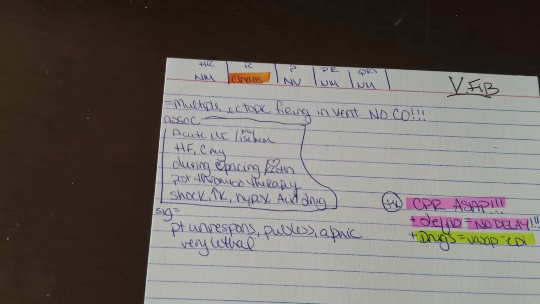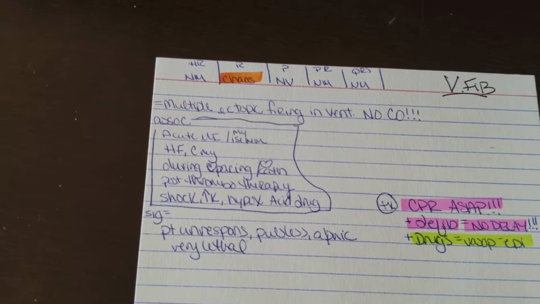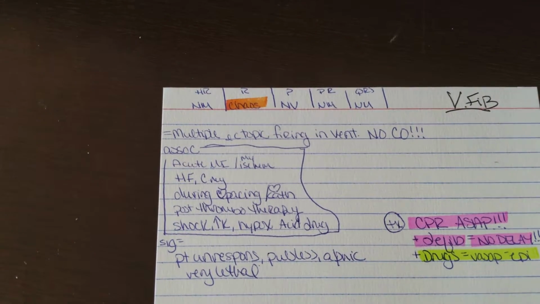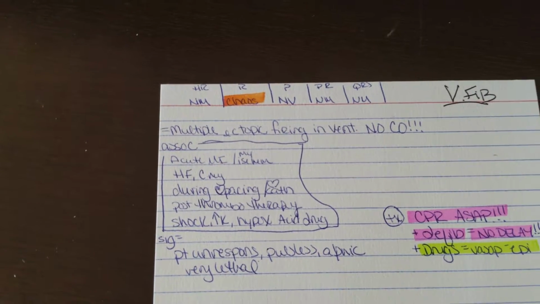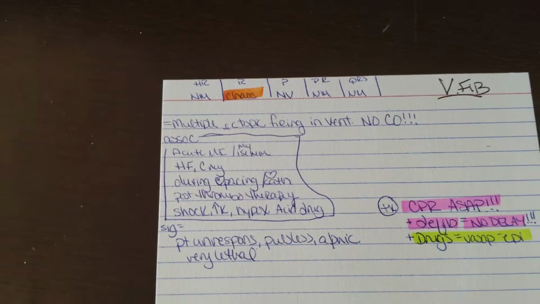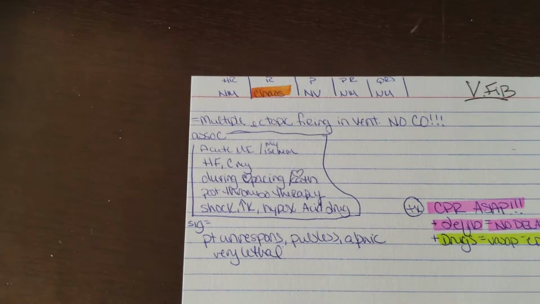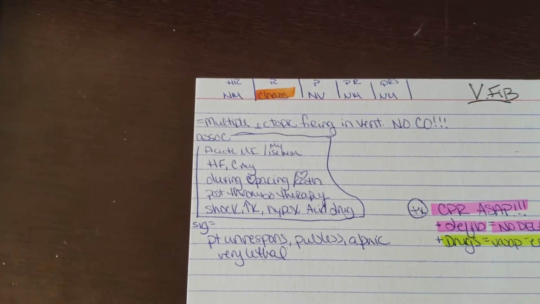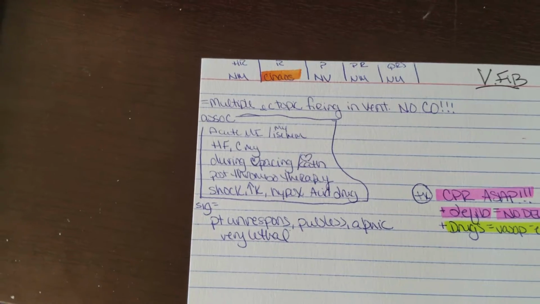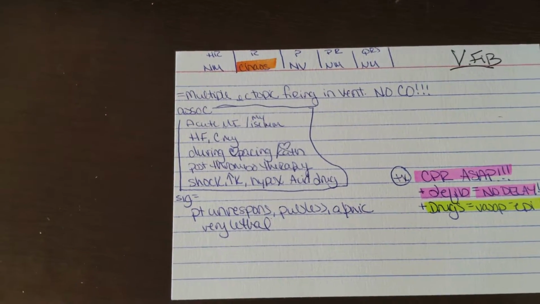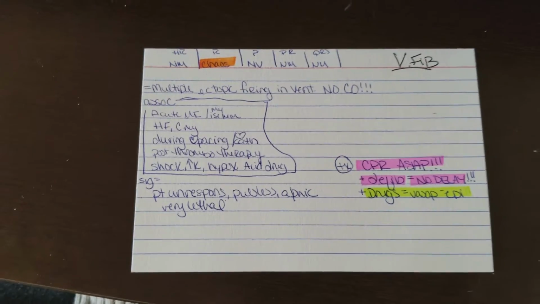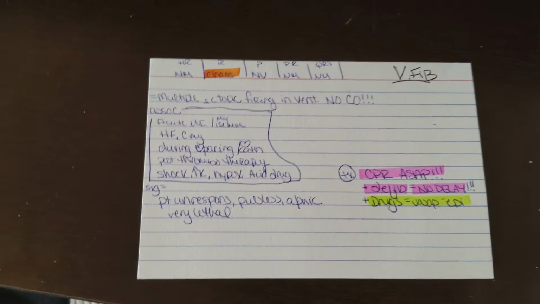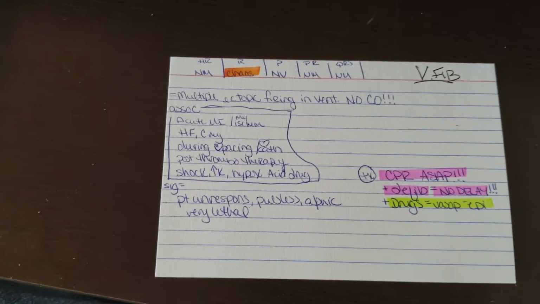So it's associated with acute MIs, myocardial ischemia, heart failure, cardiomyopathy, during cardiac pacing, cardiac cath, post-thrombosis therapy, shock, hyperkalemia, hypoxia, acid base issues, or drug use. So the significance is the patient is unresponsive, pulseless, and apneic. It's very lethal. And you're going to do CPR right away and defib them with no delay. You might use vasopressors like epinephrine.